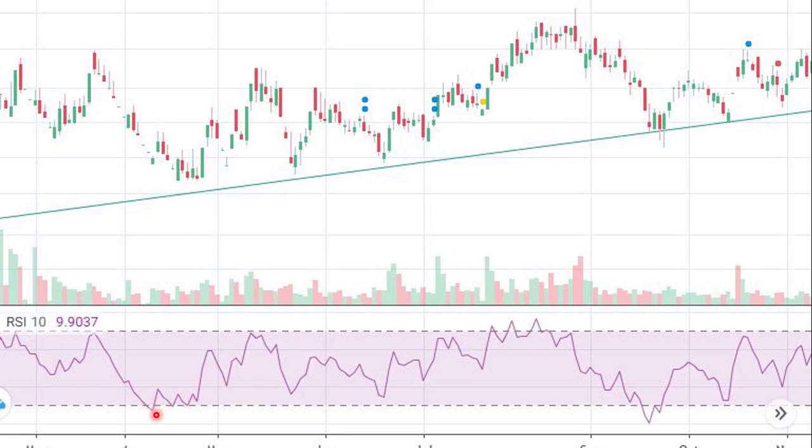Here we have an RSI signal, but the price didn't touch the support line. But here the price has touched the support line, and here also we have a buying signal in the RSI indicator, so we can take a buy position.